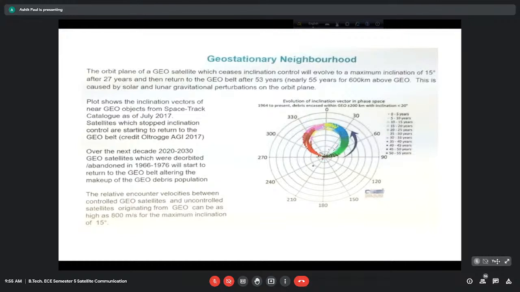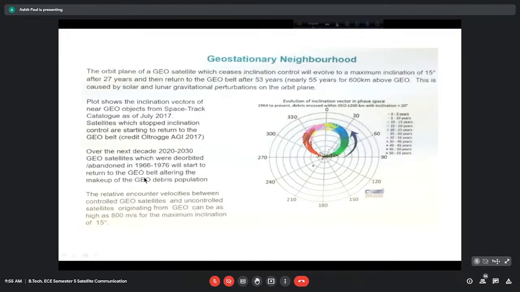Other than that, in most cases these satellites change their orbital inclination, but they are not destroyed deliberately or intentionally, usually.